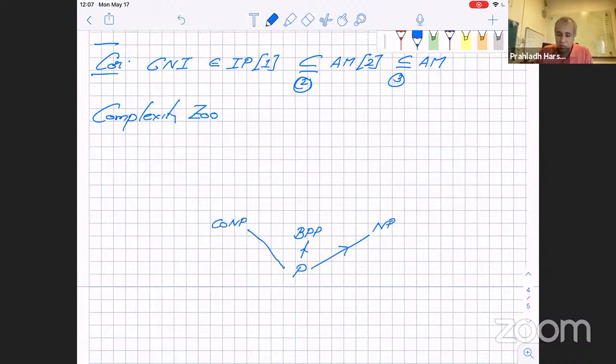And now MA is clearly a generalization of NP. And so for the same reasons, co-MA will be a generalization of co-NP. It's just the complementary class. And certainly BPP is contained in MA, and in co-MA. So BPP is contained in both.